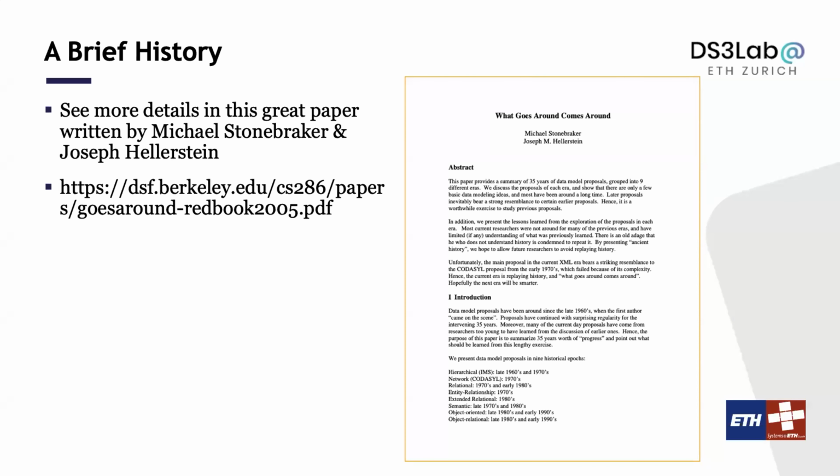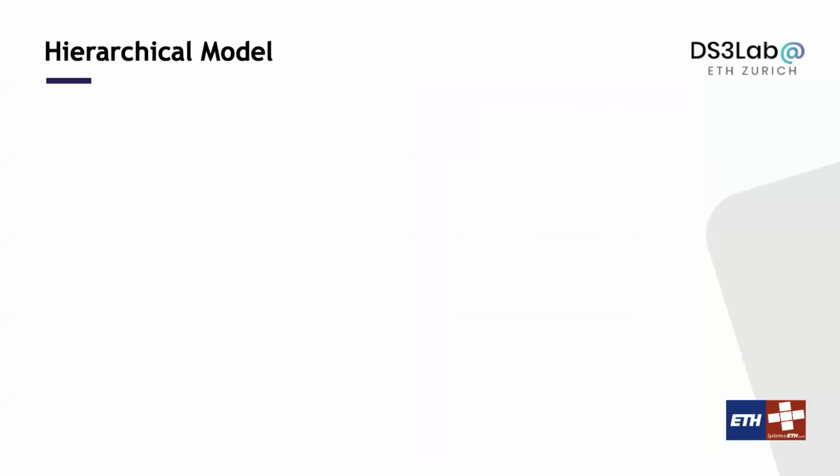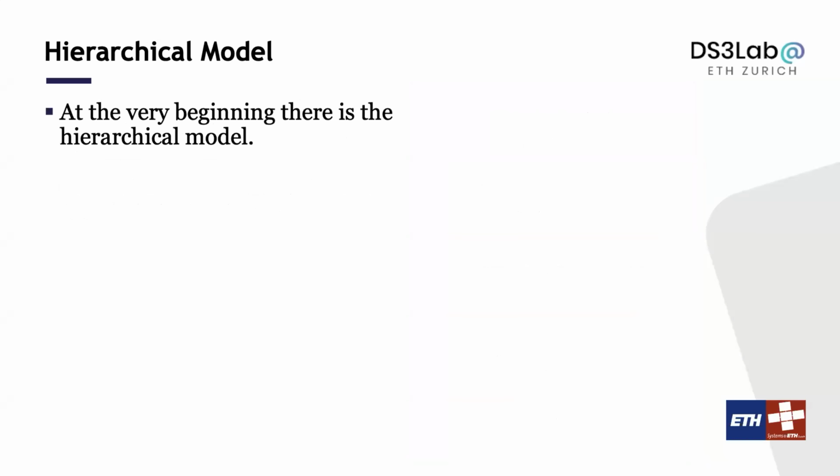So at the very, very beginning, there's the hierarchical model. That's what people had at the very beginning when they were building the database for Apollo 11. The most famous system there is IBM IMS.